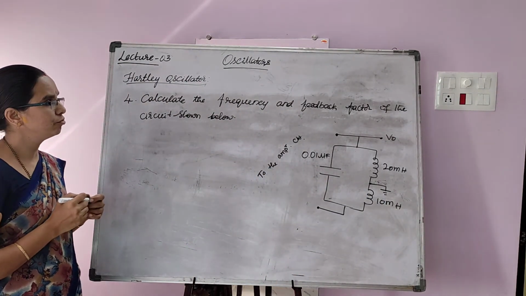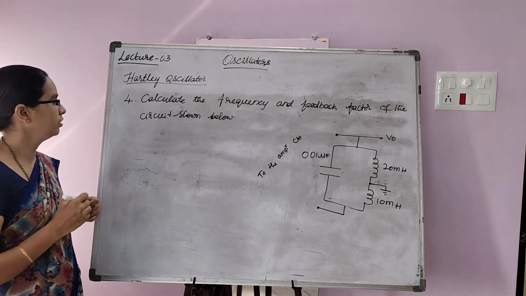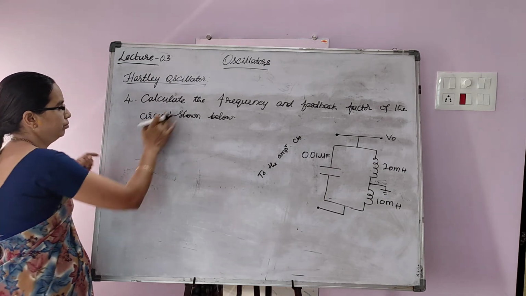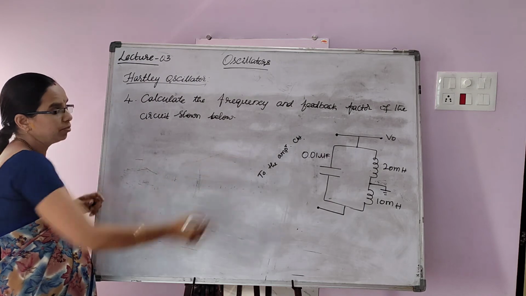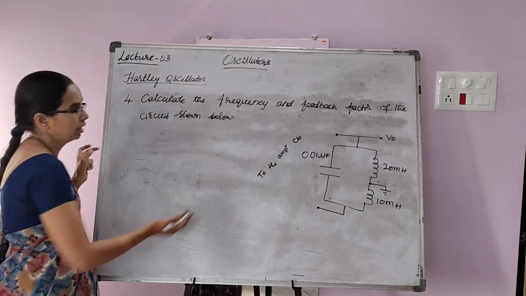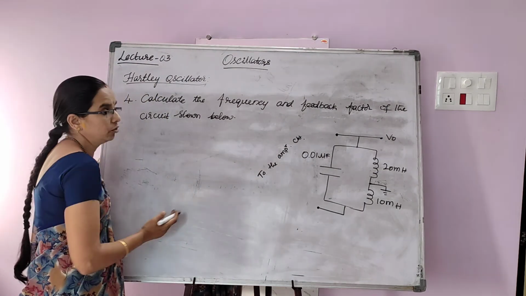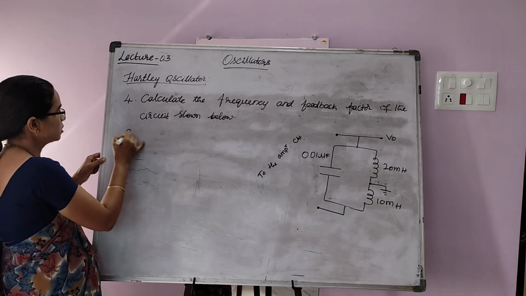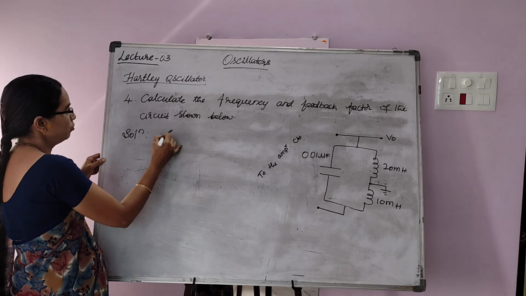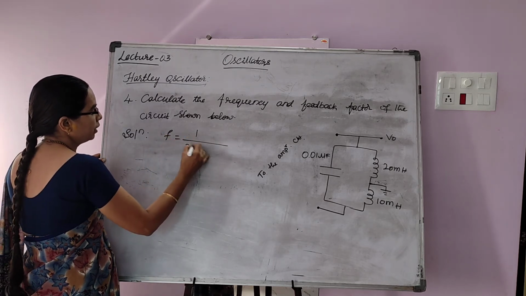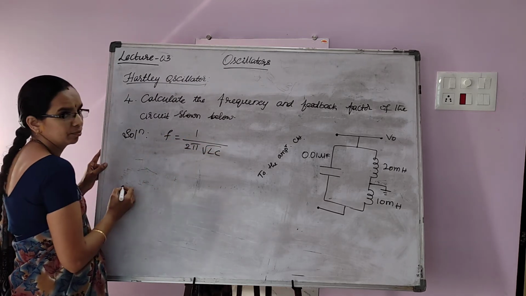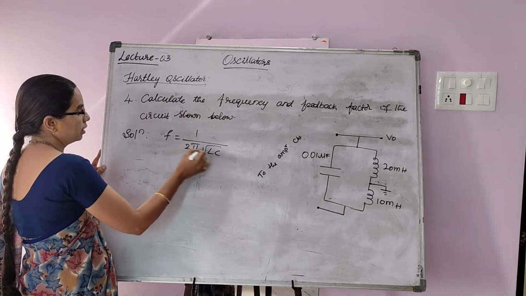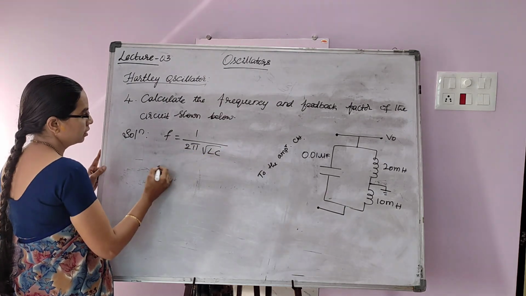Calculate the frequency and feedback factor of the circuit shown. The feedback circuit is given, where this side of the circuit will be the amplifier circuit and that side will take the output. Solution, we have the formula F is equal to 1 by 2 pi into root LC. So L and C are given.